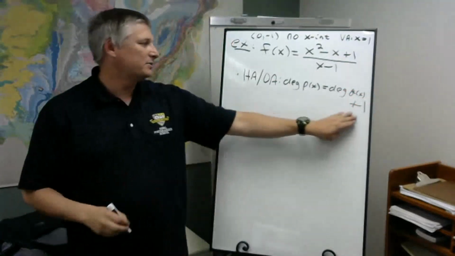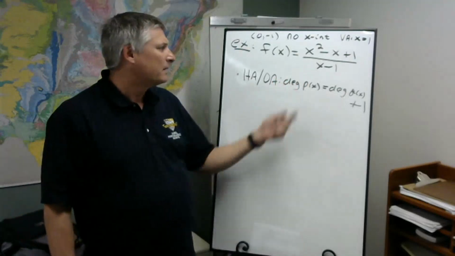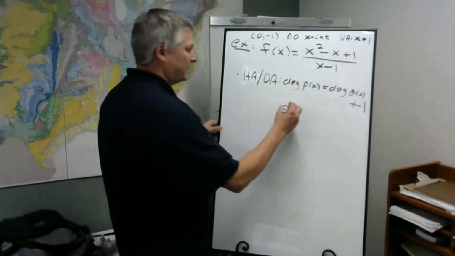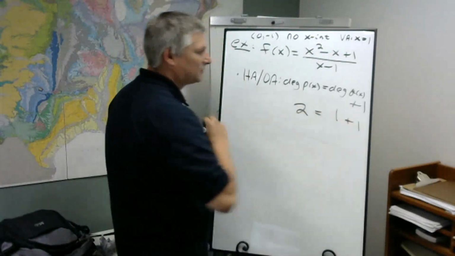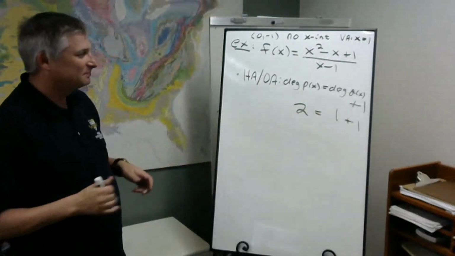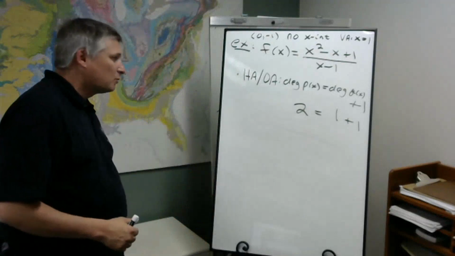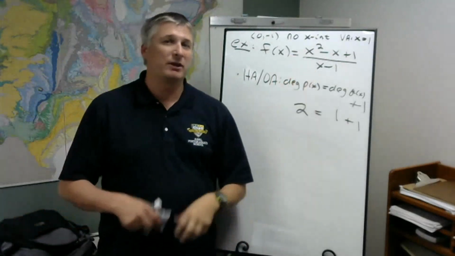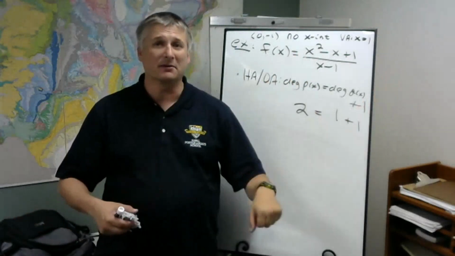You have to add 1 to the degree of q of x to get to the degree of p of x. Because this has a degree of 1 and this has a degree of 2, what we end up getting is 2 equals 1 plus 1. So that means oblique asymptote. So what we're going to do, we're going to divide p of x by q of x. We'll get a line plus a remainder, and we'll just discard the remainder.